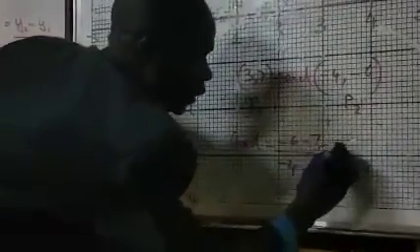Therefore, gradient will be negative 6 minus 7 over negative 4 minus 3, and that is negative 13 over negative 7, and therefore the gradient will be 13 over 7.